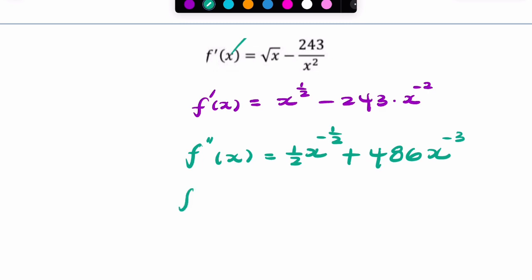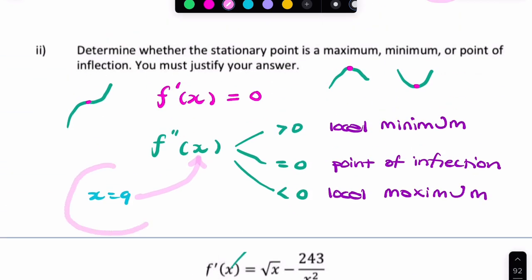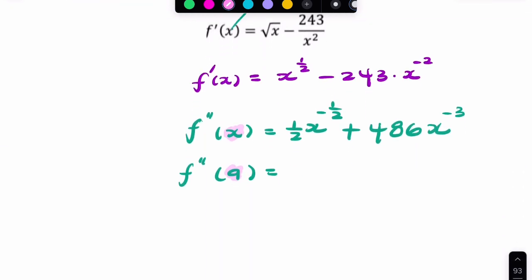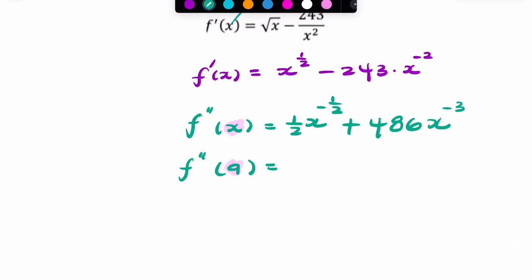And then you find what the second derivative at the point 9 equals. So we replace x with the value that we found, 9. So that's going to give us half times 9 to the power minus half plus 486 times 9 to the power minus 3.